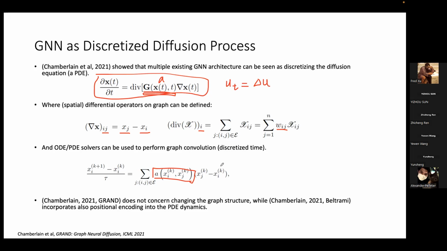Yeah, but I'd still appreciate it if we can have the original version of the PDE for the diffusion process. That would be even more helpful. I see. Yeah. So for example, for the XT here, in the graph setting, we can easily understand that this X has to be a vector and the dimensionality should be the number of nodes in the graph.